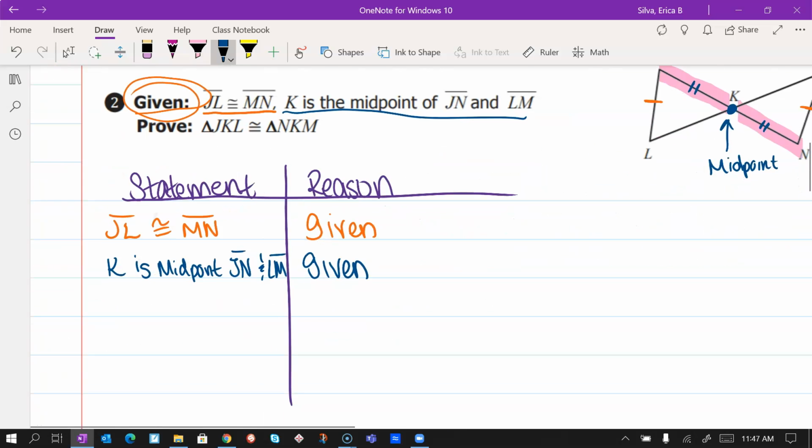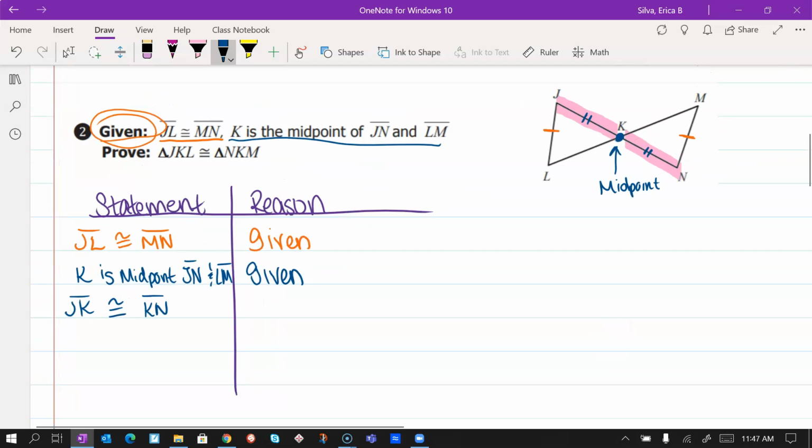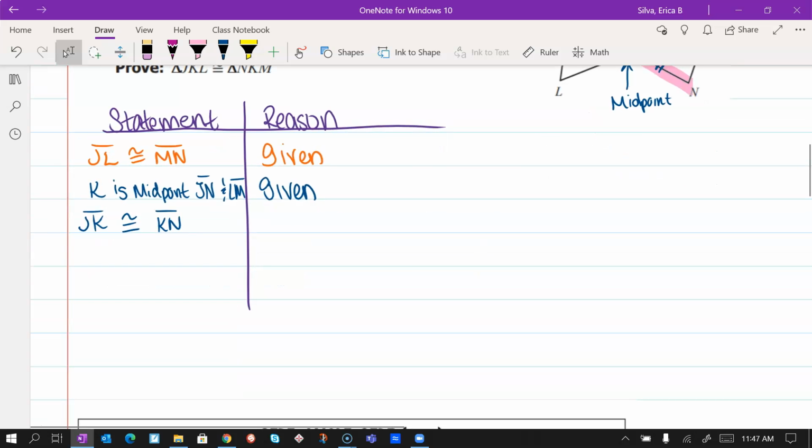So over here, we're going to write down segment JK is congruent to segment KN. And how do we know that? Because of the definition of the midpoint, we can say that JK is congruent to KN. And on the reason, I'm going to just put definition of a midpoint.